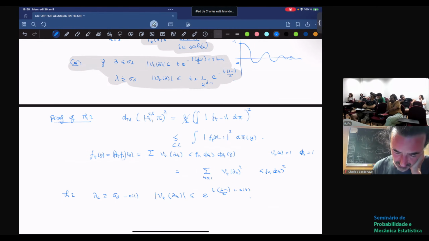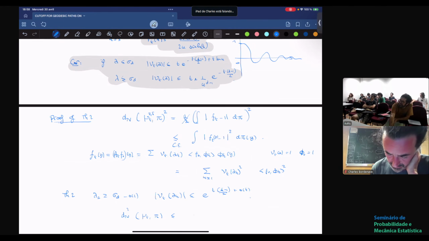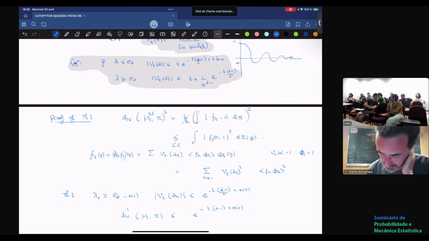Okay, so you get from your expression that the total variation squared between mu t and pi is bounded by exponential of minus t times (d minus 1 plus little o of 1) times the sum of the squares of f_0 against phi k.